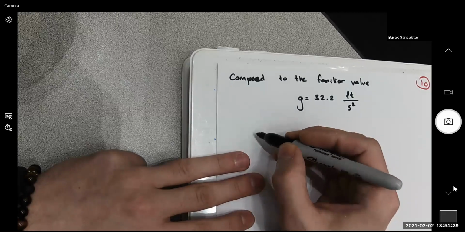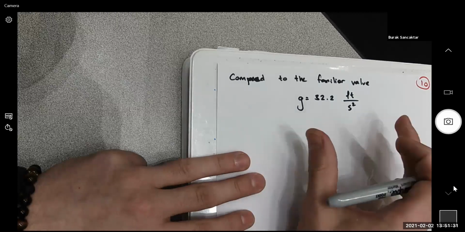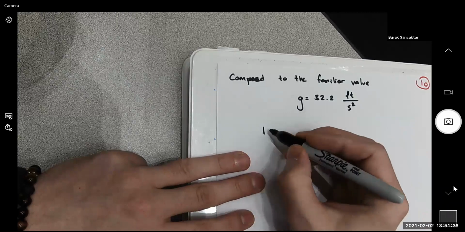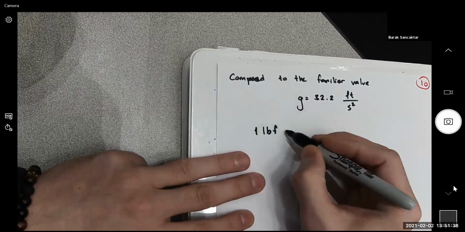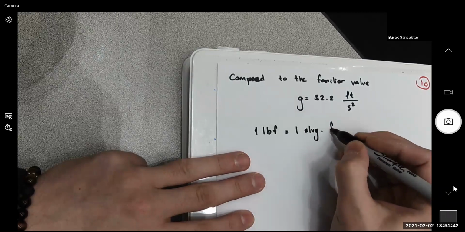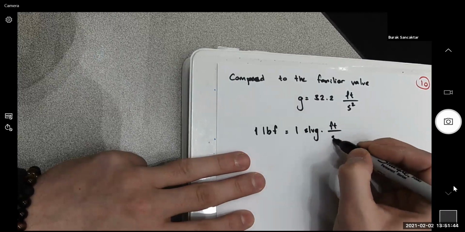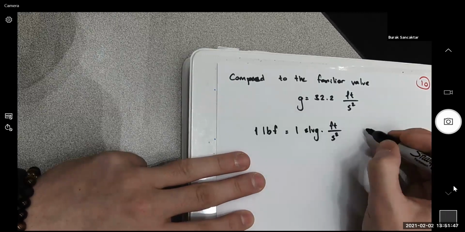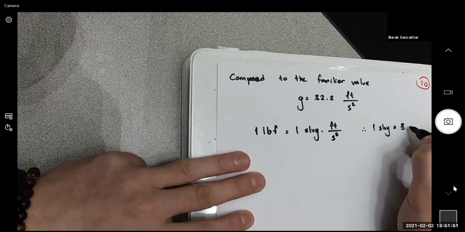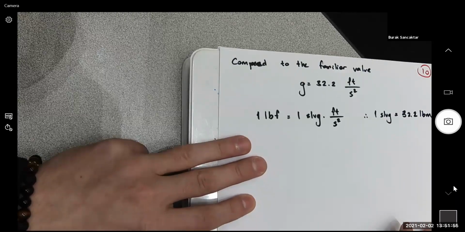This leads to a different value for the customary units: one pound force equals one slug times feet per second squared, and one slug equals 32.2 pound mass.